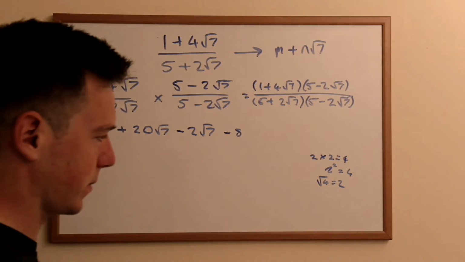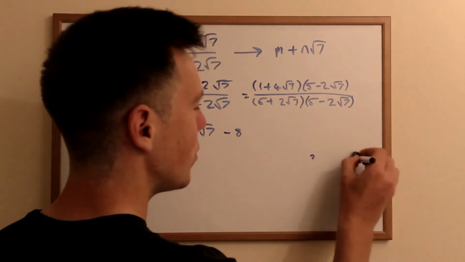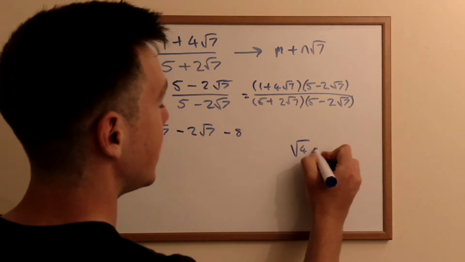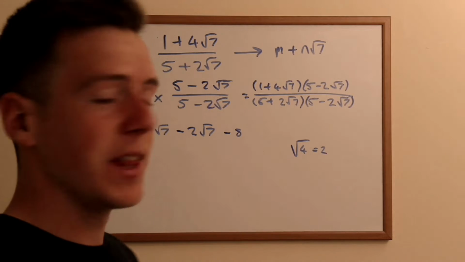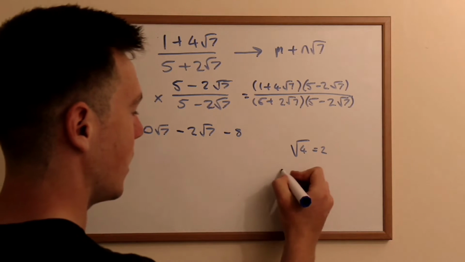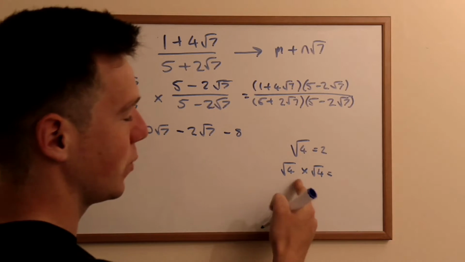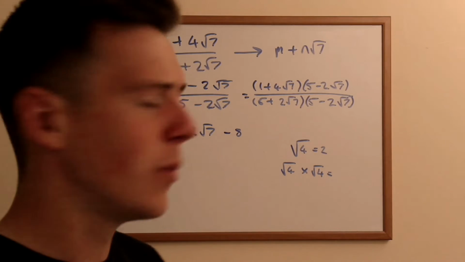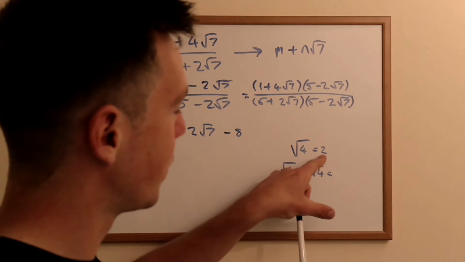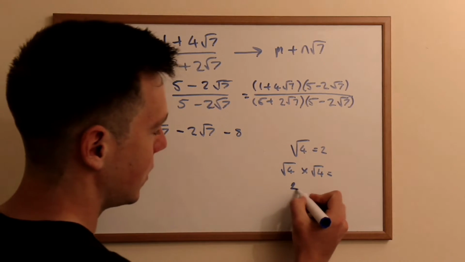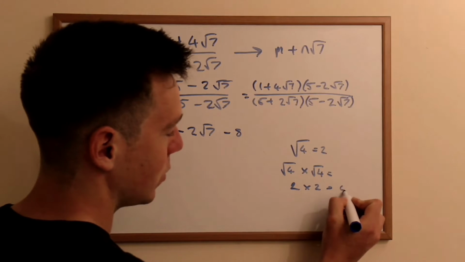Now, if the root of 4 is equal to 2, this is what we want to know. What happens if we do a root times a root? Well, we could rewrite root 4 as 2, since they're equal to each other. So you get 2 times 2, you know that's equal to 4.